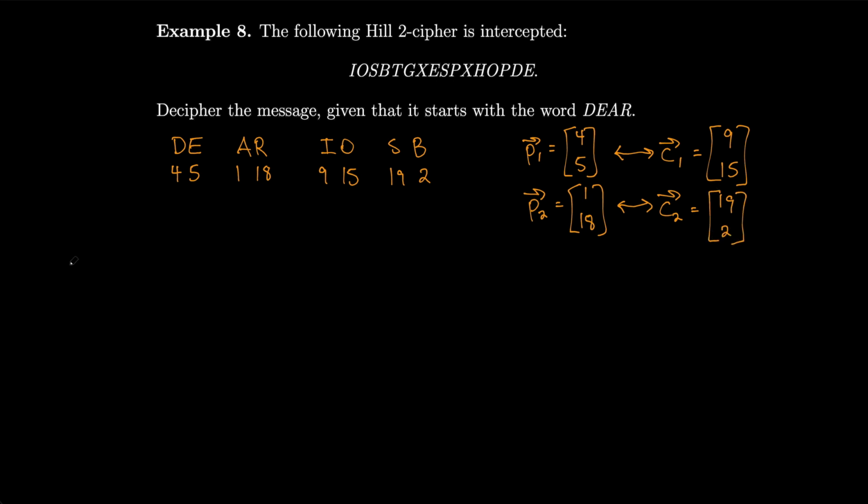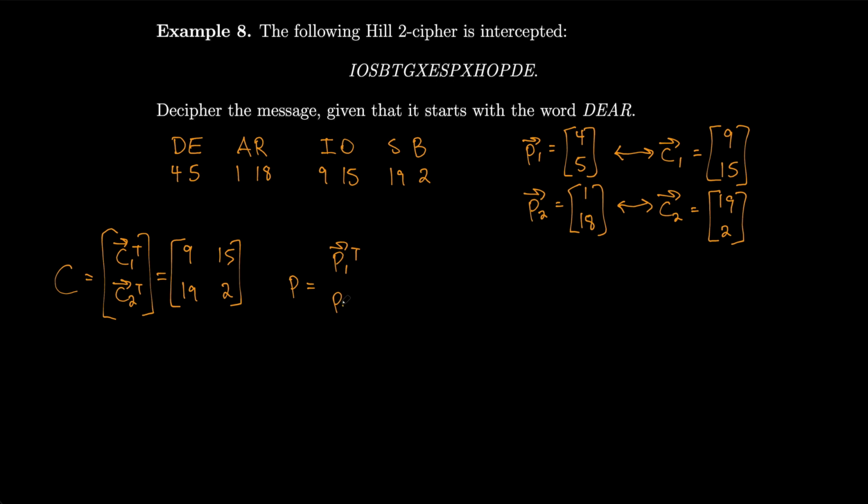So how about we set C equal to C1 transpose, C2 transpose. So that'll be 9, 15, 19, 2, and P is equal to P1 transpose, P2 transpose.